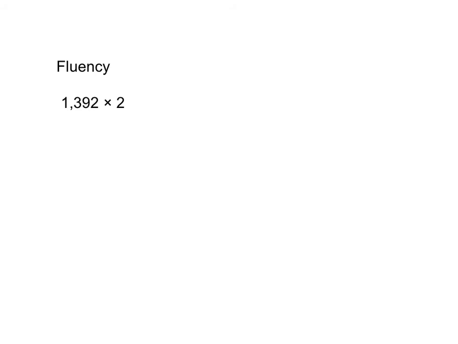Wow, we just keep going here, don't we? So now we'll look at 1,392 times 2. Again, pause your video, complete the work, and then come back. 2 times 2 is 4. 9 times 2, 18. 3 times 2 is 6, plus our 1 is 700s, and 1 times 2 is 2,000s.